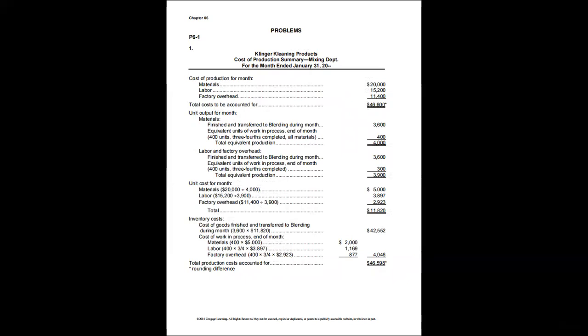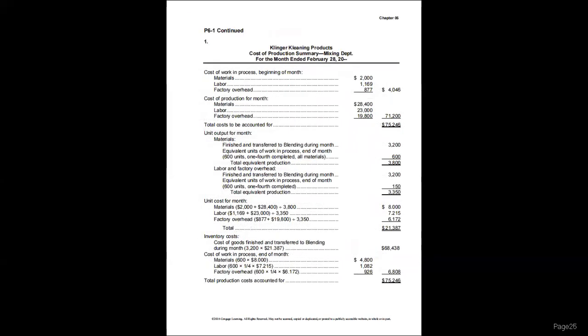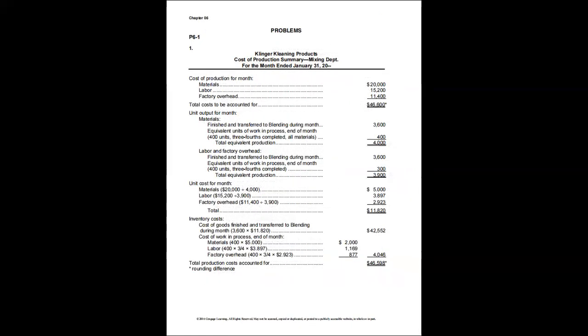For the month of February, we have now the cost of the work in process beginning, which are given for 3,600 or mean materials 2,000, labor 1,169, and factory overhead 877 coming from the report in January.